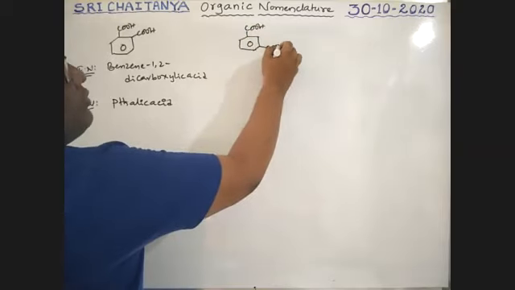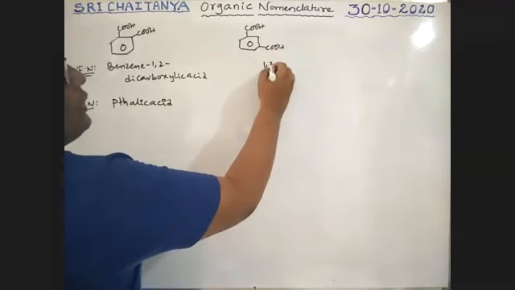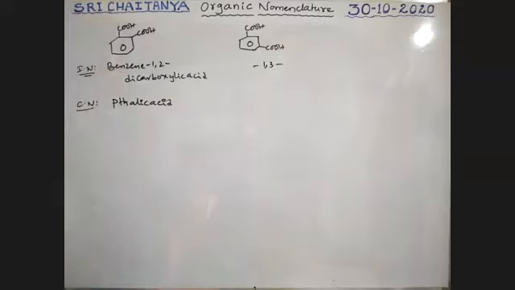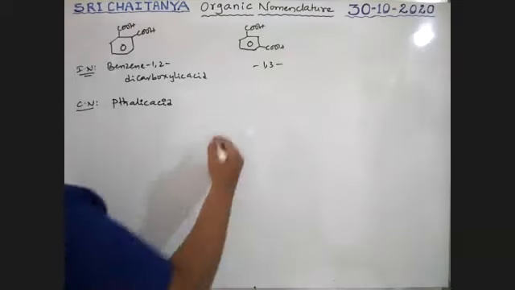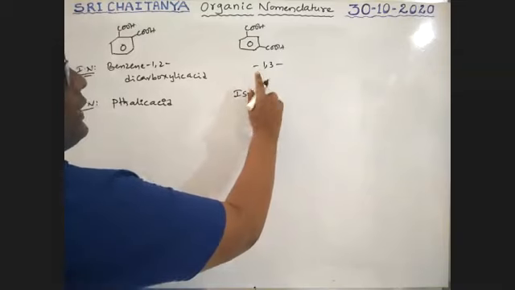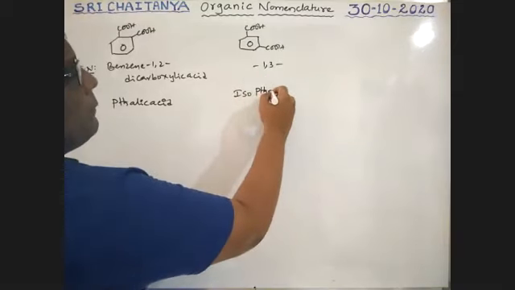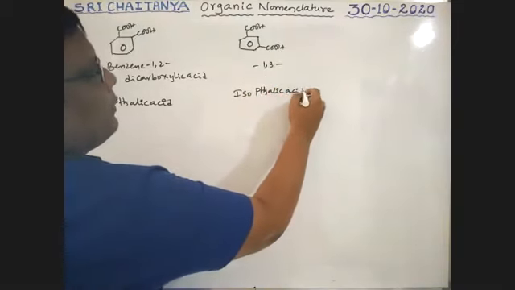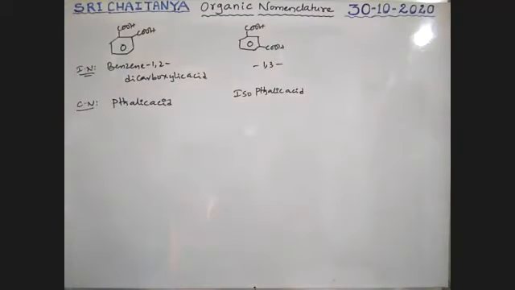Next, COOH at the 1,3 positions: benzene-1,3-dicarboxylic acid. It is isophthalic acid. Isophthalic acid.